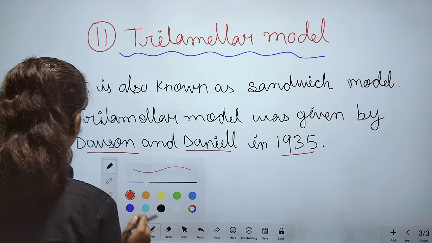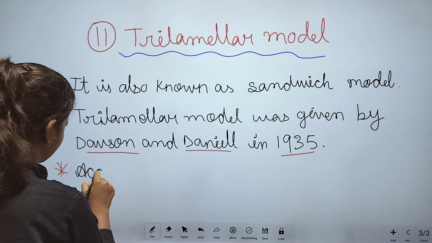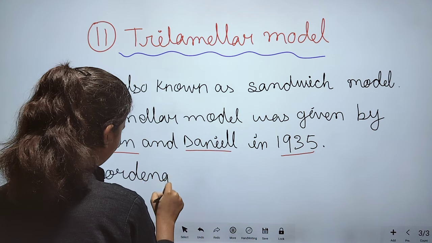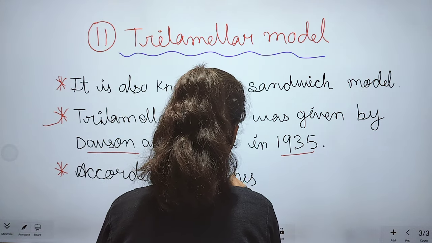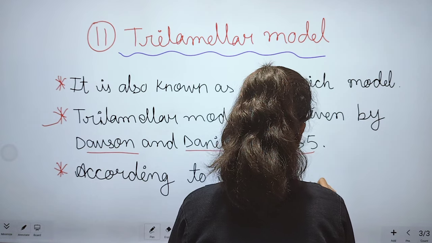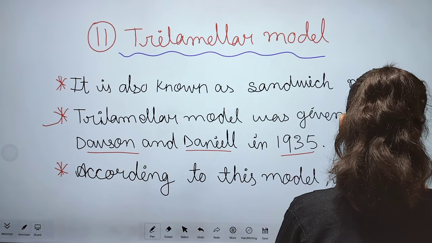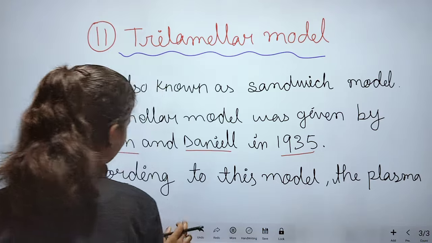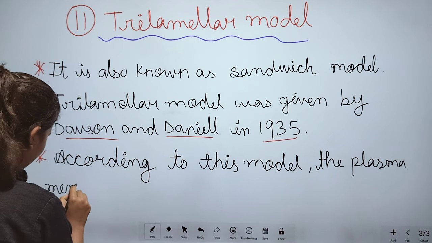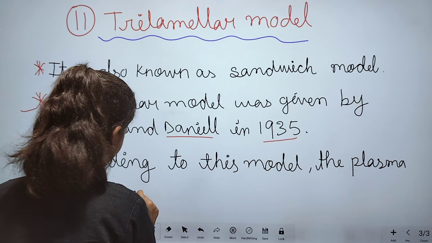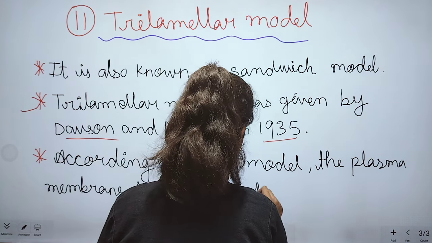Now our next point is that according to this model, the plasma membrane is made up of three layers.